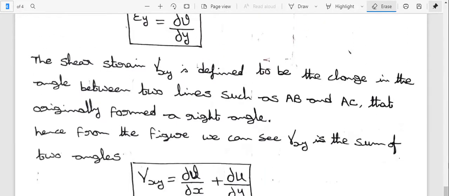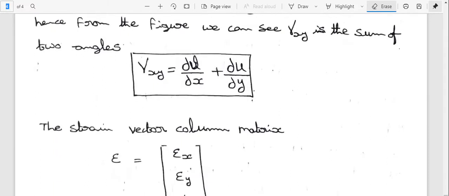Sum of two angles. That's why I am considering gamma xy is equal to dou v by dou x, the vertical deflection along the x direction, plus the horizontal deflection or displacement along the y direction.